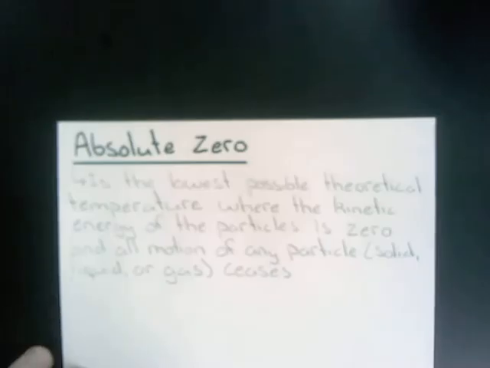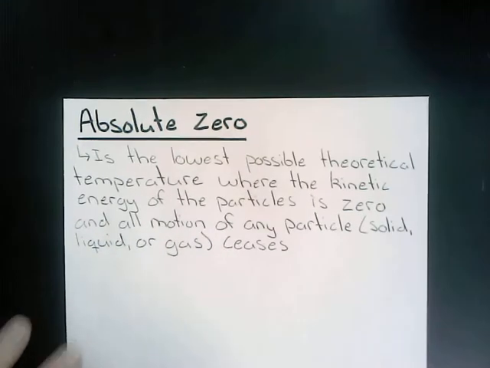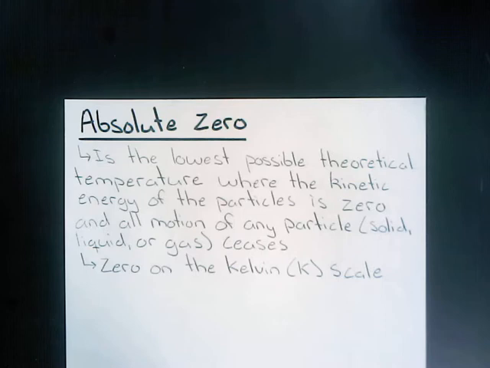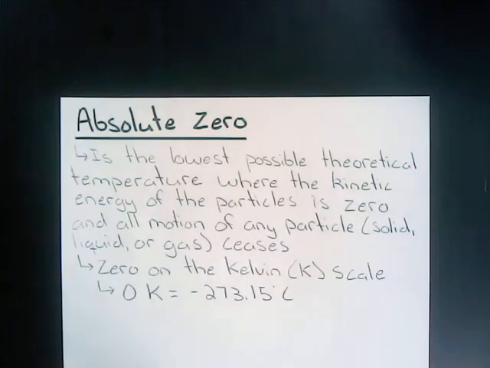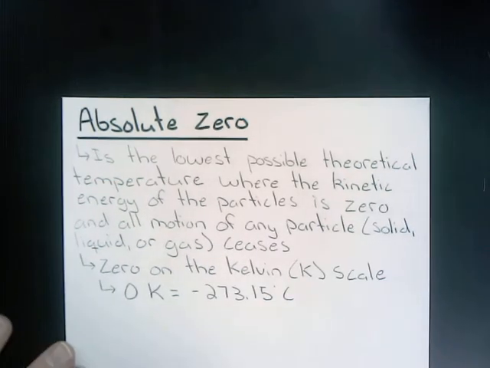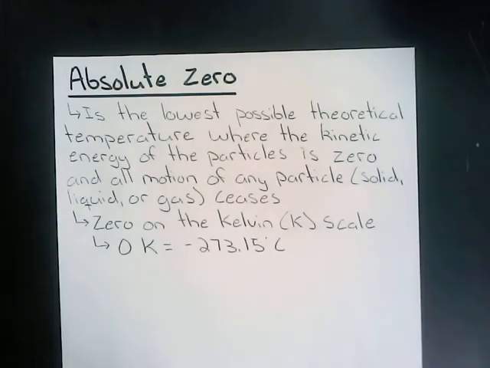Now, absolute zero is 0 on the Kelvin temperature scale. And just as a reminder, 0 Kelvin is equivalent to negative 273.15 degrees Celsius. If we need to convert between Kelvin and Celsius, we can use the following formulas.